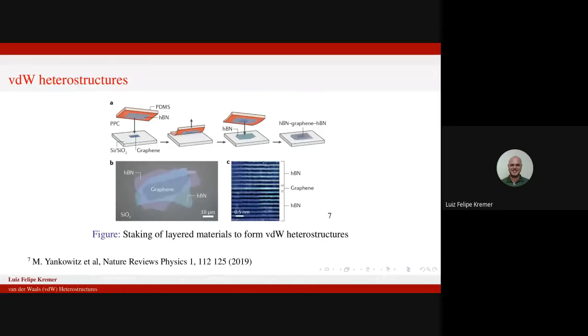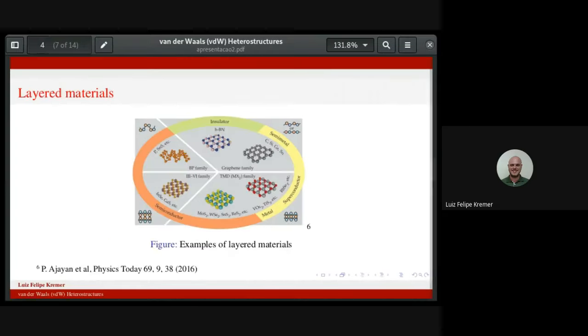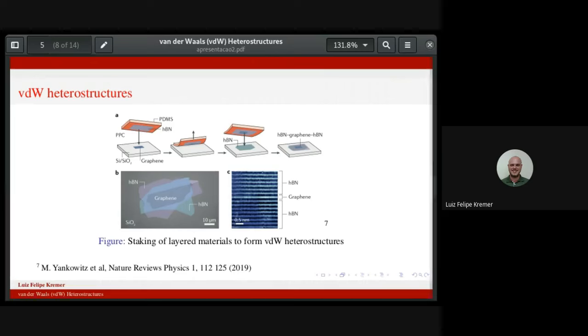So with this, you can see in the figure, as I was saying, now that we have a few layers or one atomic layer, we can stack them together.